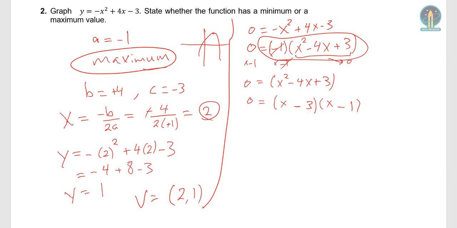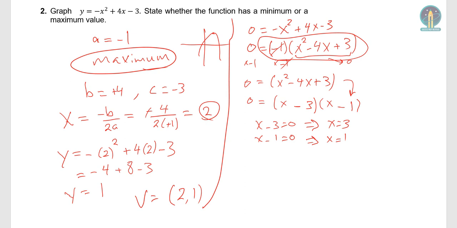Okay, so this is how this is factored. So x minus 3 equals 0 gives us x equals 3, x minus 1 equals 0, x equals 1. So our x-intercepts are 3 and 1, or 1 and 3.